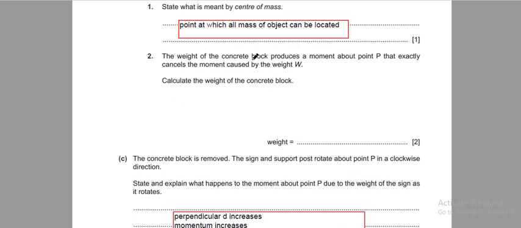The weight of the concrete block produces a moment about B that exactly cancels the moment by weight W. Weight W is the weight of the sign. Calculate the weight of the concrete block.